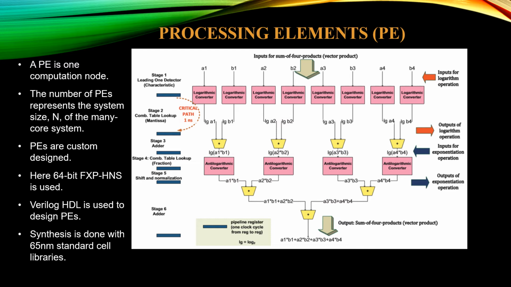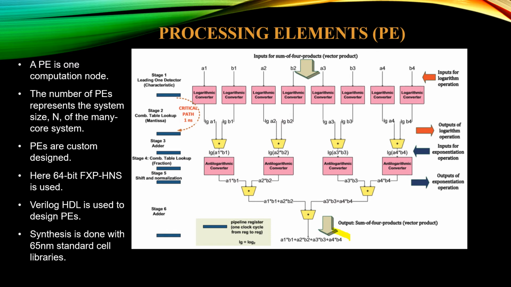That means we can include any number of operations in the processing elements, like all the scientific operations, anti-log functions, log functions, exponential functions, etc. Here, only the logarithmic function, anti-log function, as well as addition are involved.